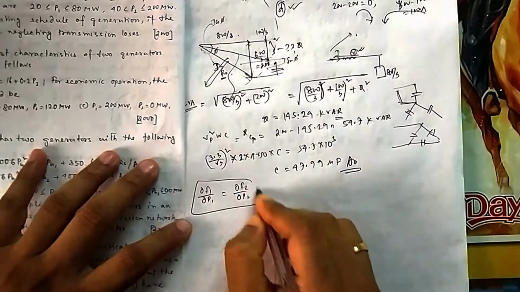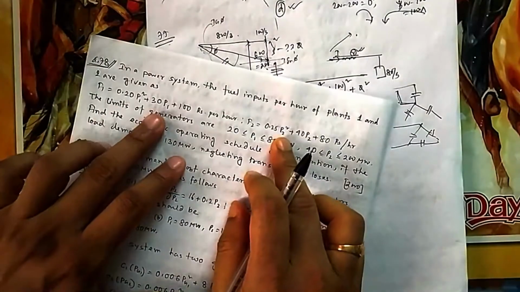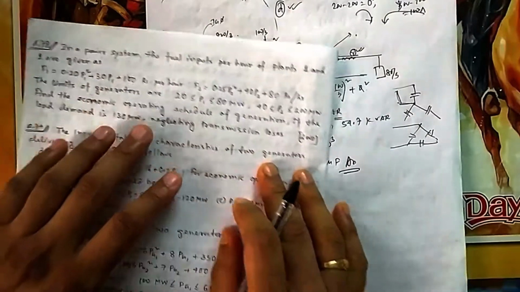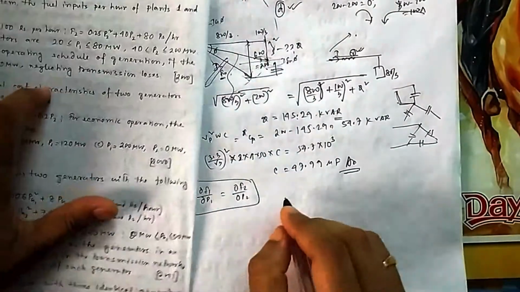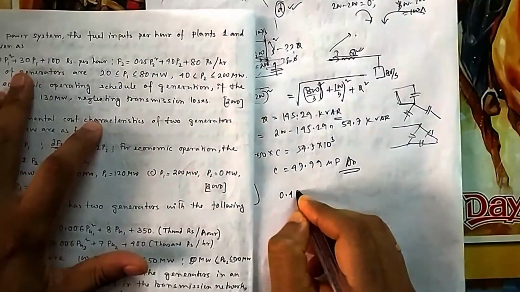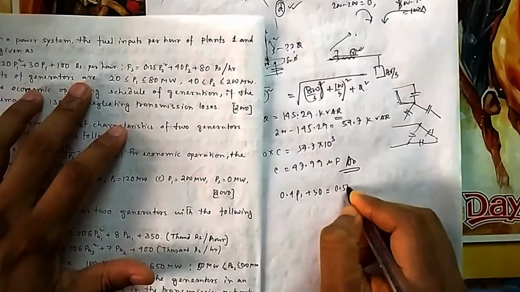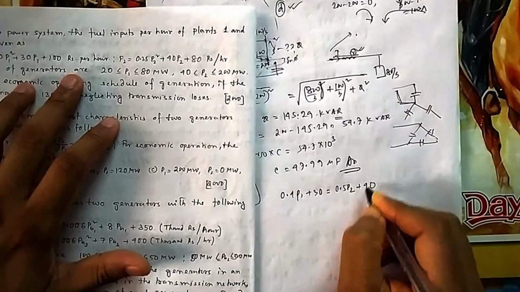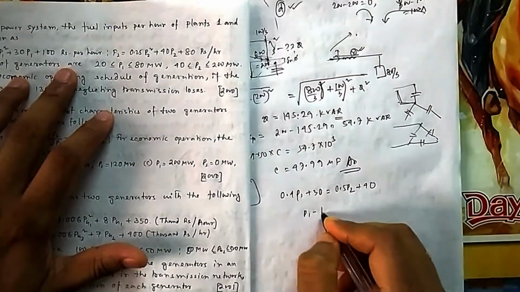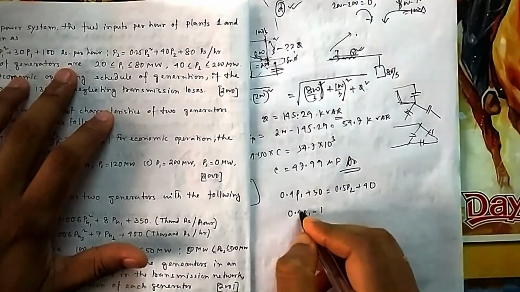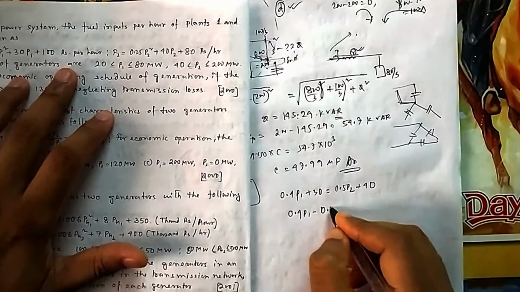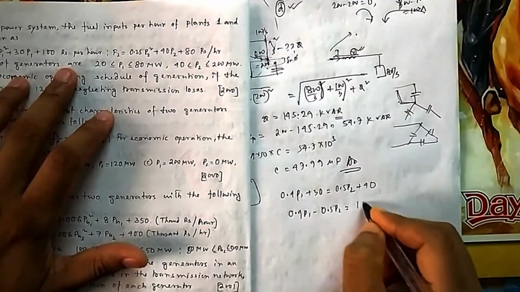For economic operation, the incremental fuel cost should be equal in both. So if you do differentiation, then it will be 0.4 P1 plus 30 should be equal to 0.5 P2 plus 40. So you will get 0.4 P1 minus 0.5 P2 is equal to 10.